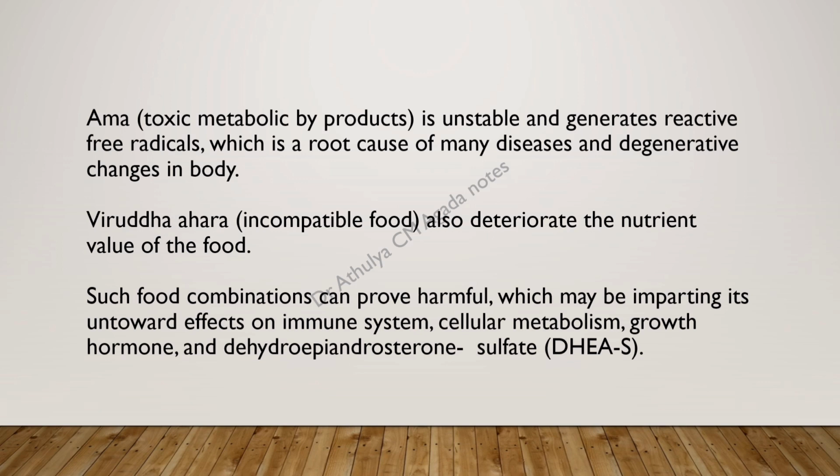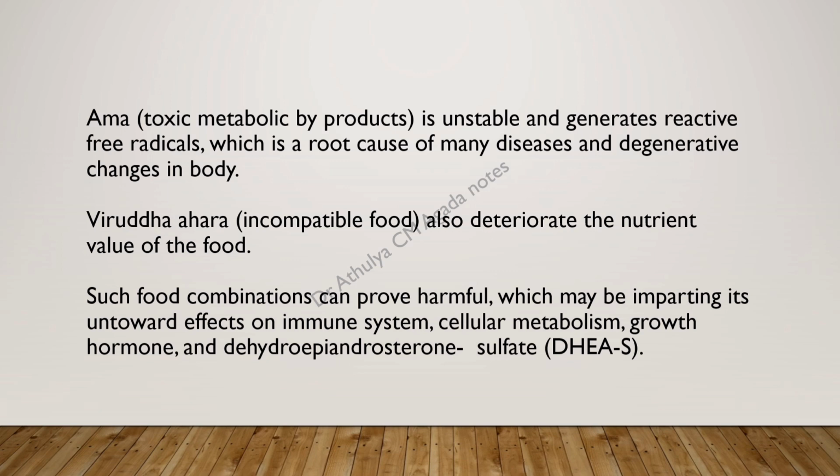When we look into the properties of many of the drugs and even the food items, we can see the property that is antioxidant. This antioxidant helps to reduce the oxidative stress, thereby preventing the cause of diseases. Then this Virudhaahara also deteriorates the nutrient value of the food.